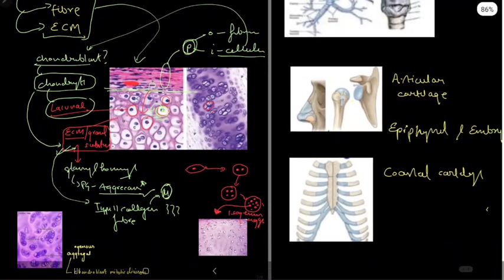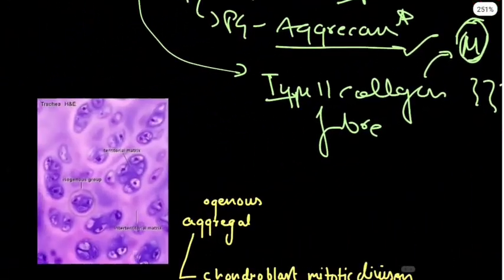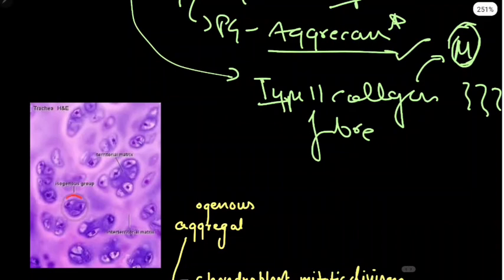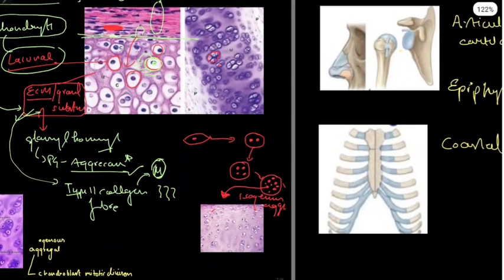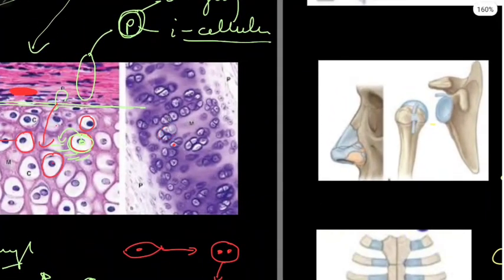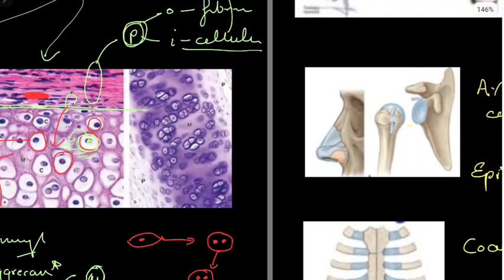Let's see another image here. This image shows an isogenous group, a single lacuna containing a number of chondrocytes, or we may have a lacuna containing a single chondrocyte. Let's go further. What we see here in this image is lacunae containing chondrocytes, and this is known as a cell nest.